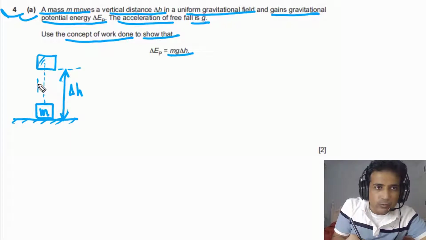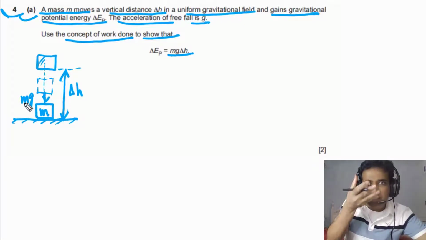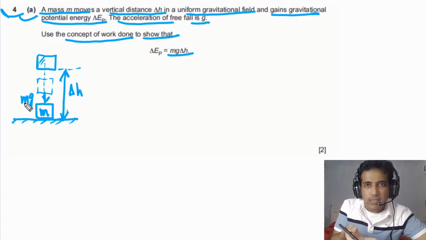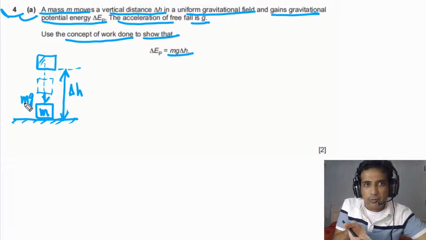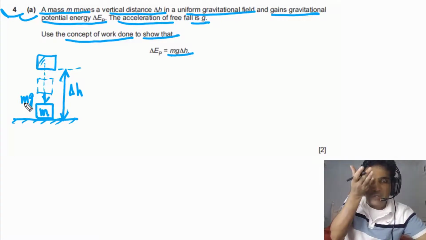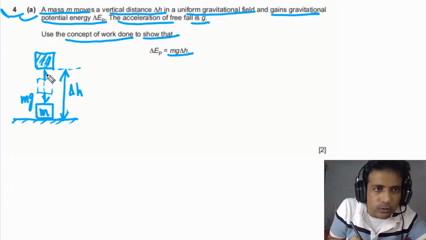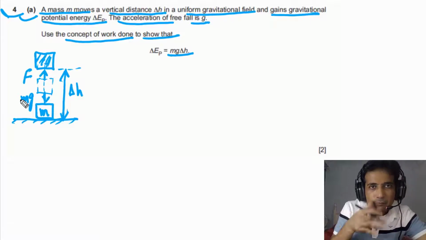One force is the force of gravity, equal to mg, acting vertically downwards, and we are lifting this mass up. So we have to apply a force equal to the force of gravity to lift this mass up with constant velocity. Let's say the force applied by us is equal to F and F is equal to mg.